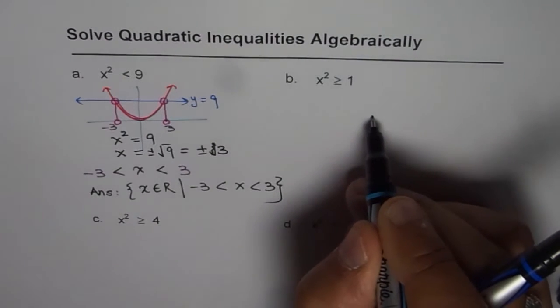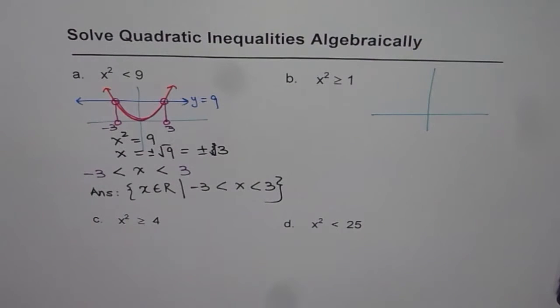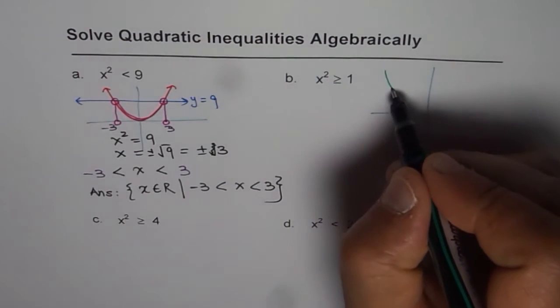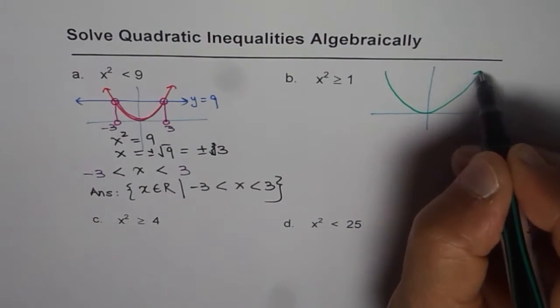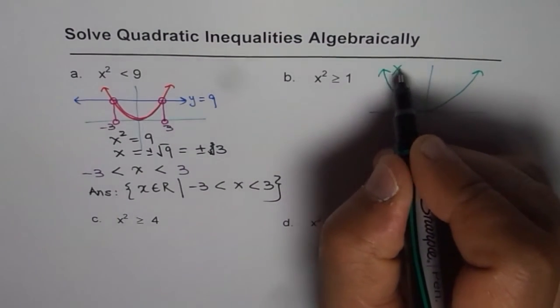We have x and y coordinates. While in these inequalities it's not very necessary to show the y-axis, we can actually work with just the x-axis. It's easier to explain and do the question. Now let's say this is our graph of x squared.